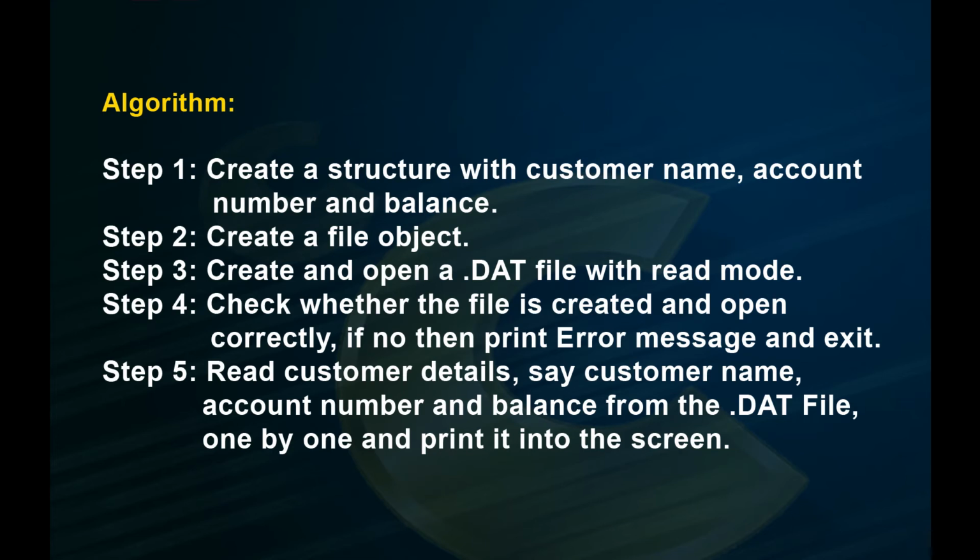Step 4, check whether the file is created and opened correctly. If no, then print an error message and exit. Step 5, read customer details, say customer name, account number and balance from the .dat file one by one and print them on the screen.